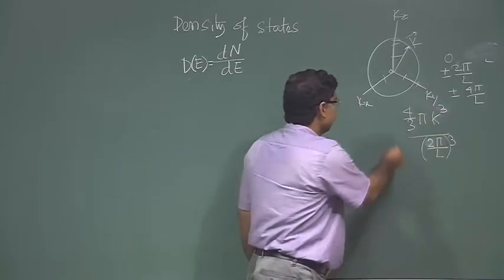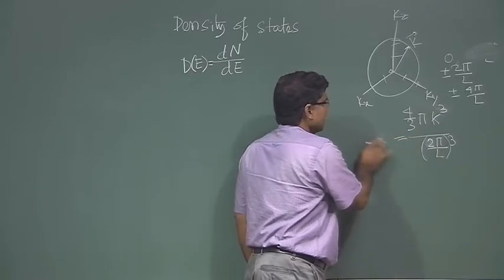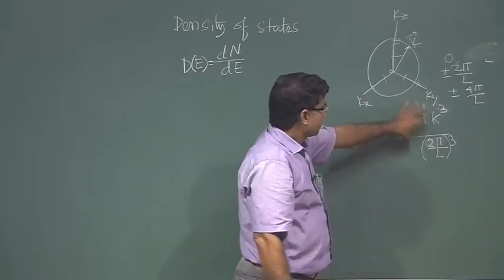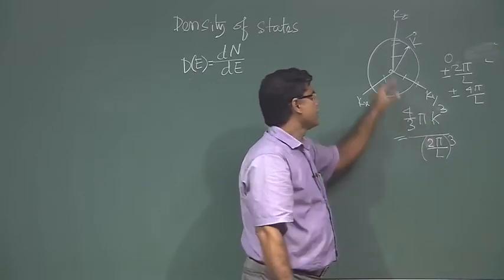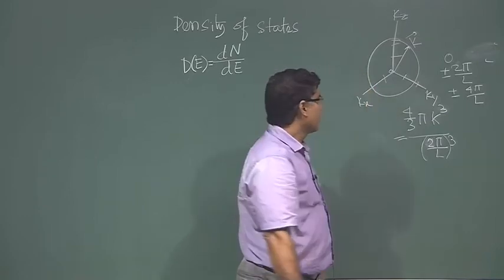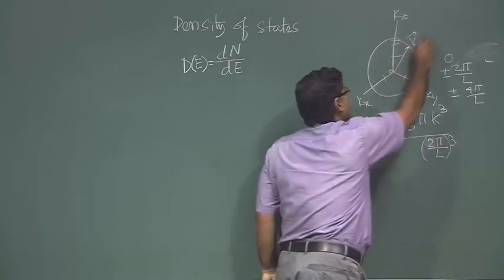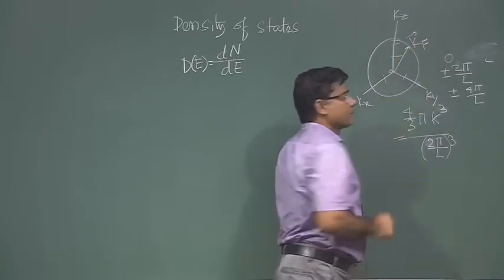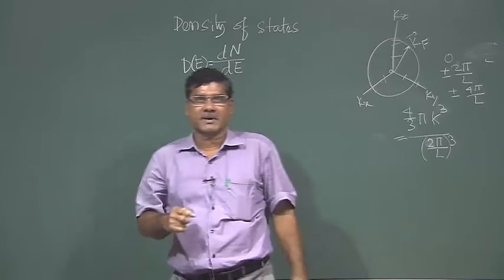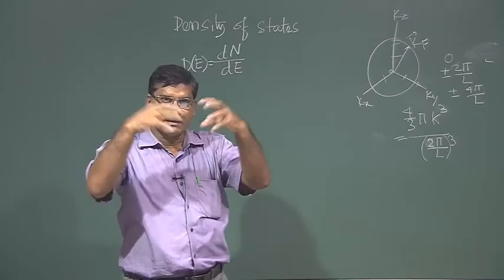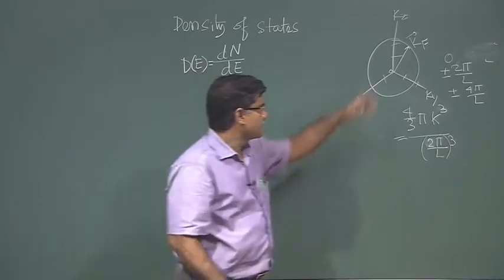So, this will give us the total number of orbitals in this sphere. Now, this sphere with radius kF has a surface which is the Fermi surface, and all electrons are inside the sphere.